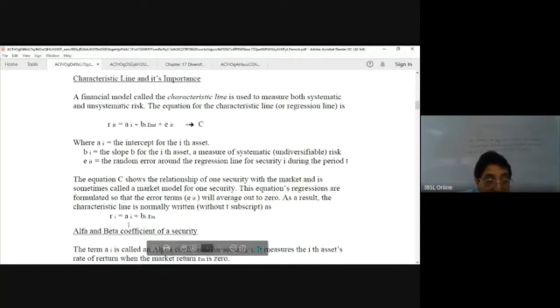If you take this equation, Ri is equal to Ai plus Bi Rm, Rm is the independent variable. Ri is the dependent variable, and Bi is the slope, or we call it the beta coefficient. Ai is the alpha coefficient. So that is how the security is explained through the characteristic line.